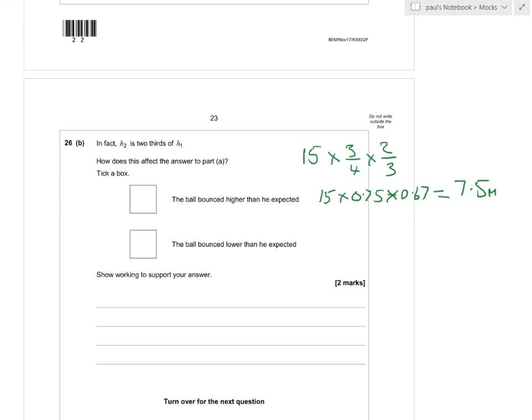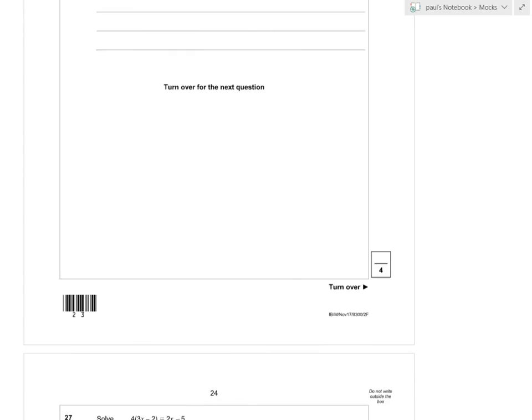What do they say? Well, we need to tick the second box. The ball bounced lower than expected. Oh, yeah, because he was expecting it to bounce higher. But in fact, it was only 2/3, so it bounced lower. Oh, the language caught me out.